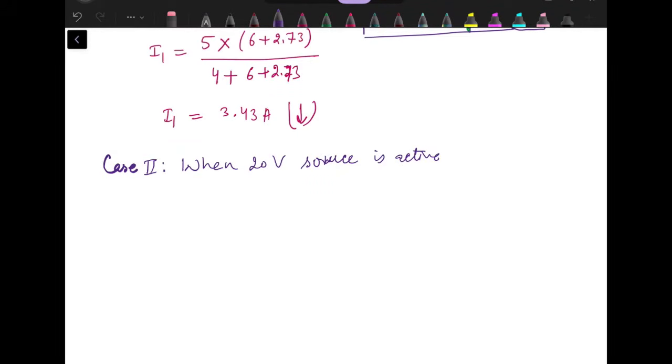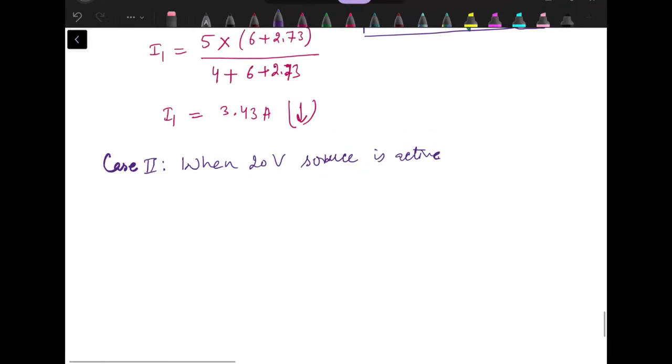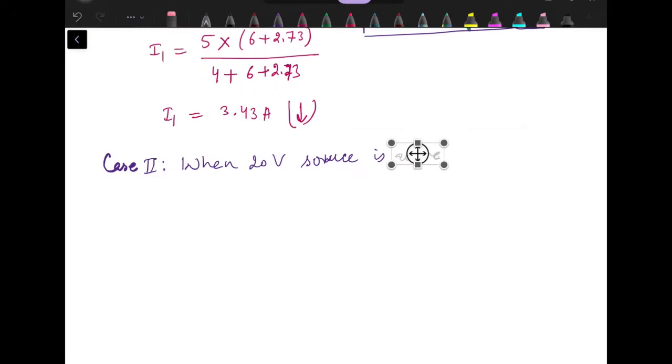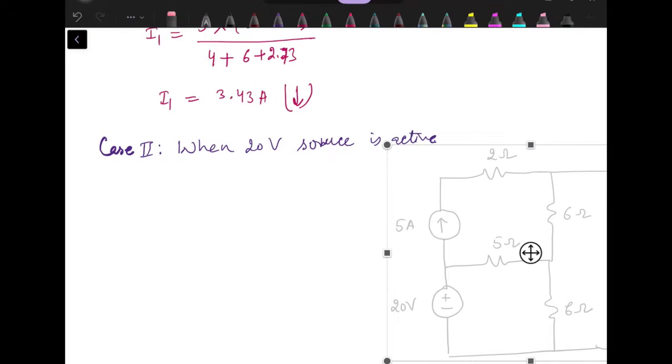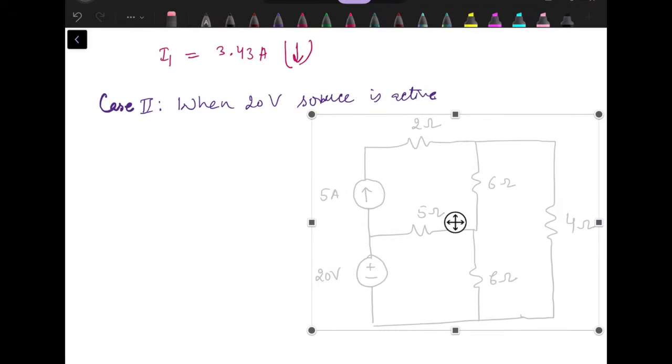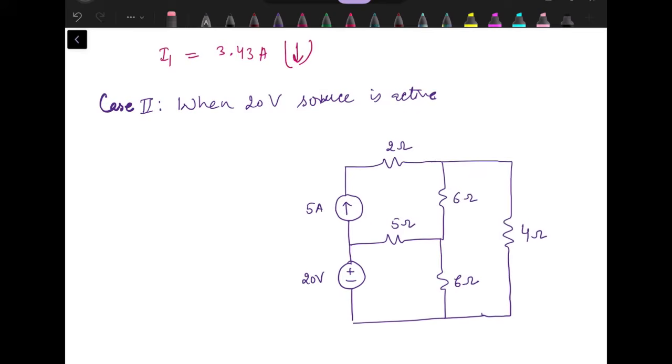This is the second case. When the 20-volt source is active, at that time the current source has to be replaced by its internal resistance.